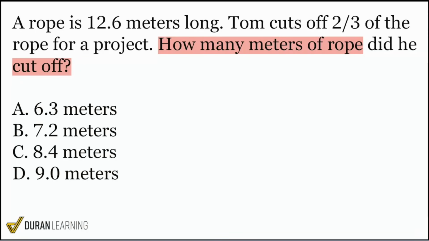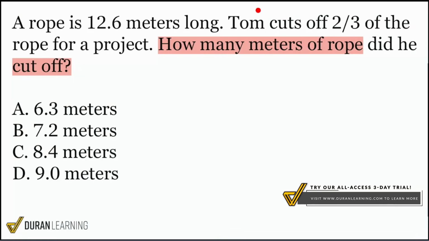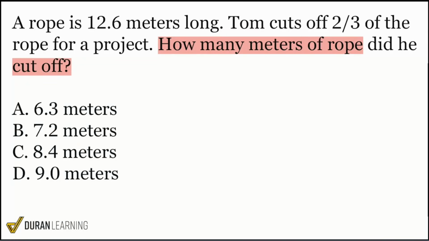So that's where I believe some of the confusion in this problem can come in, because we see that it's saying cut off, and when we read the actual phrasing here, it says a rope is this long, and Tom cut off this much of the rope for a project. So we might be thinking, oh, we're subtracting, but actually, this is a multiplication problem.